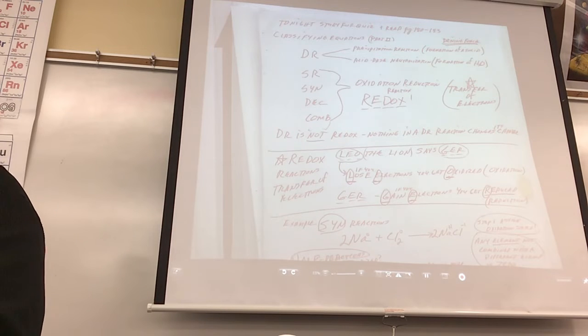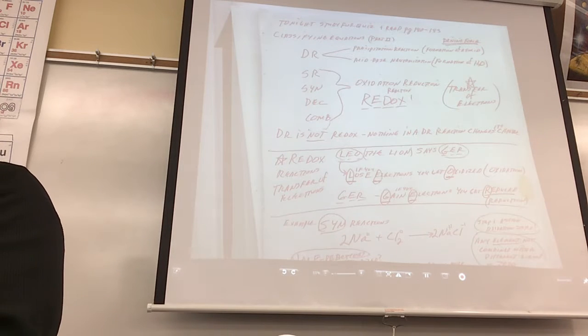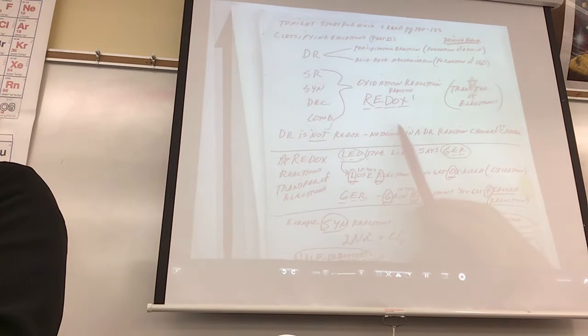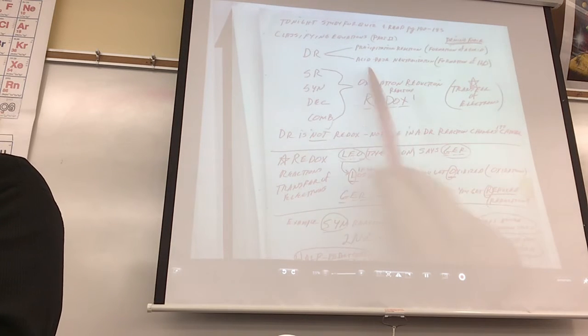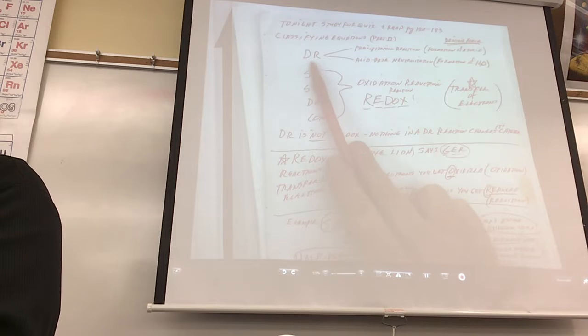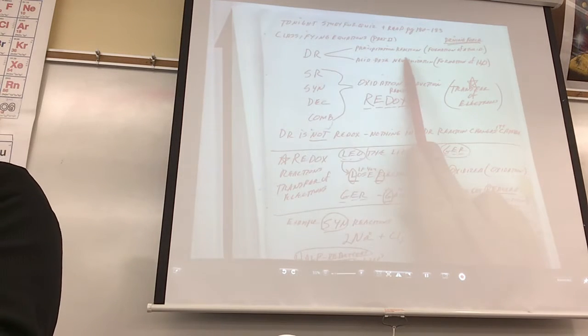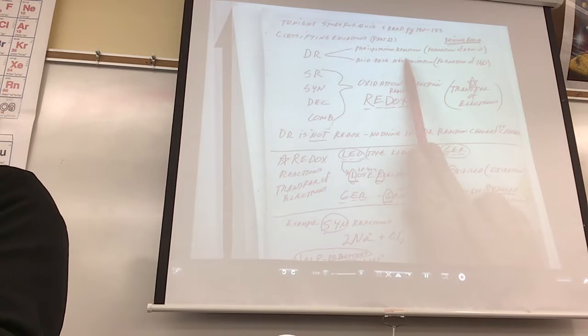Okay. So what we found out is that another way to classify chemical reactions, not the way we did in the one chapter, is by their driving forces. And we found out that double replacement reactions, one type, the precipitation reaction. Did you get that right on the quiz? The formation of a solid.